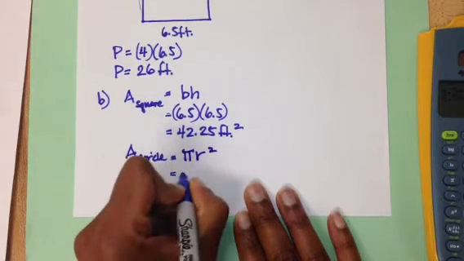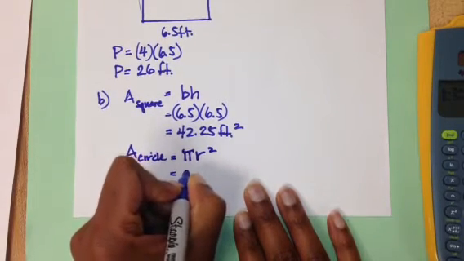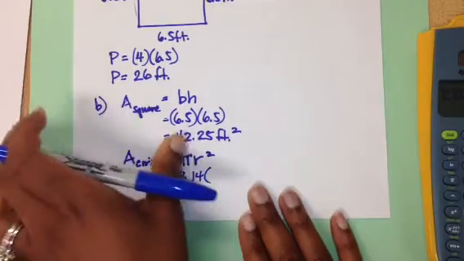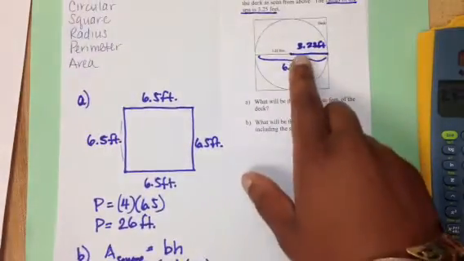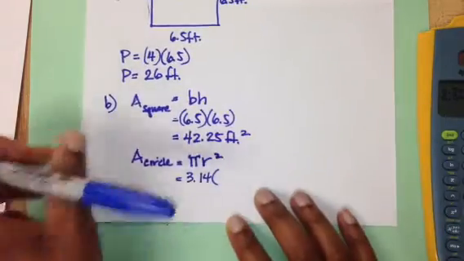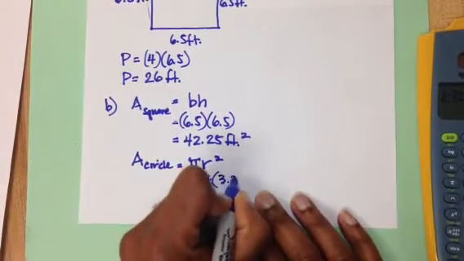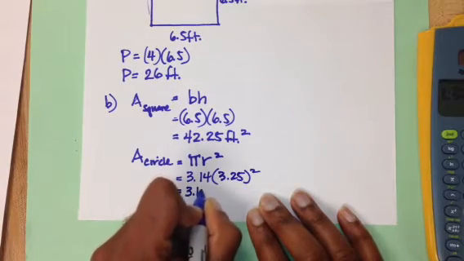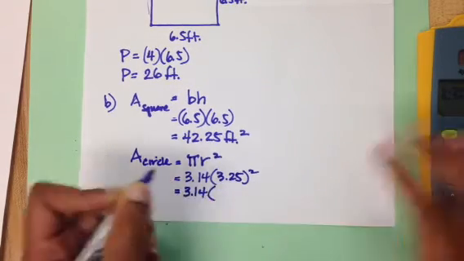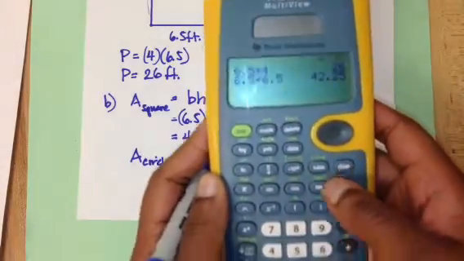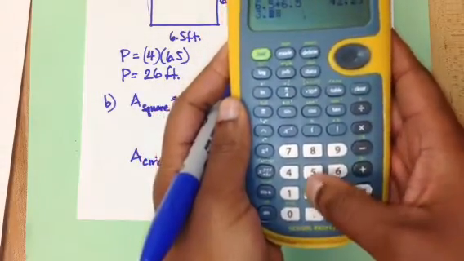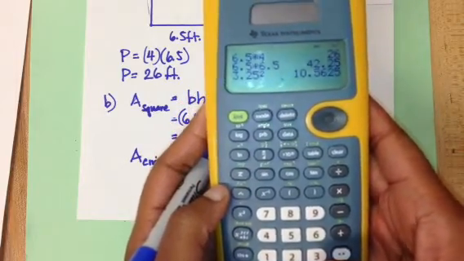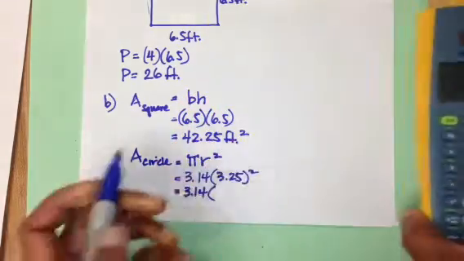So we have pi, which we're going to approximate as 3.14. Remember our radius was 3.25. So we're going to plug that in, squared. So we have 3.14 times 3.25 squared. 3.25 squared gives us 10.5625.